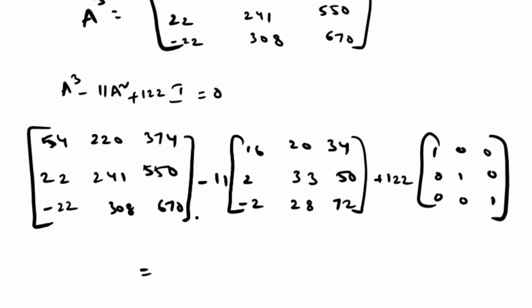Now if we substitute the values, we obtain the null matrix 0 0 0 0 0 0 0 0 0.